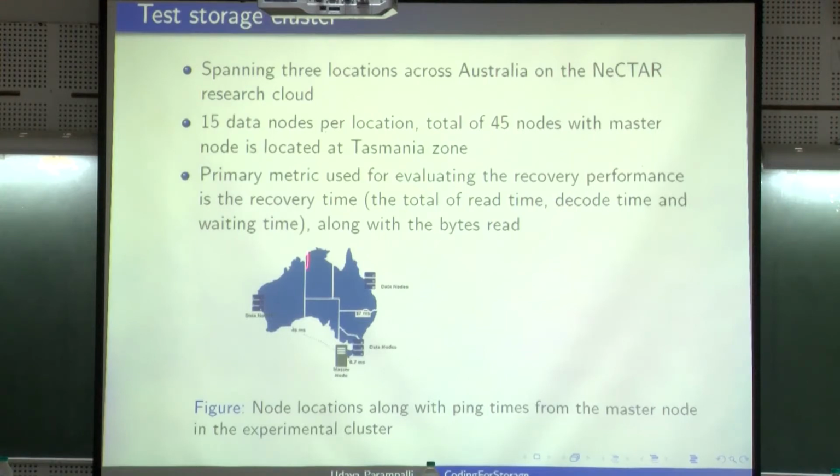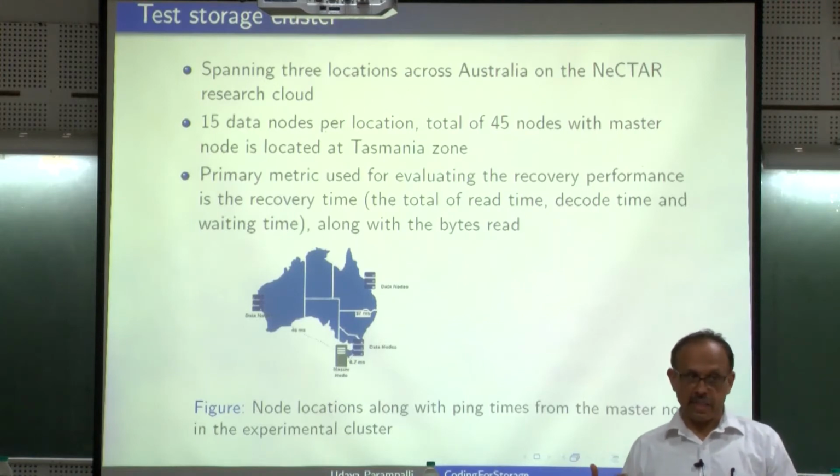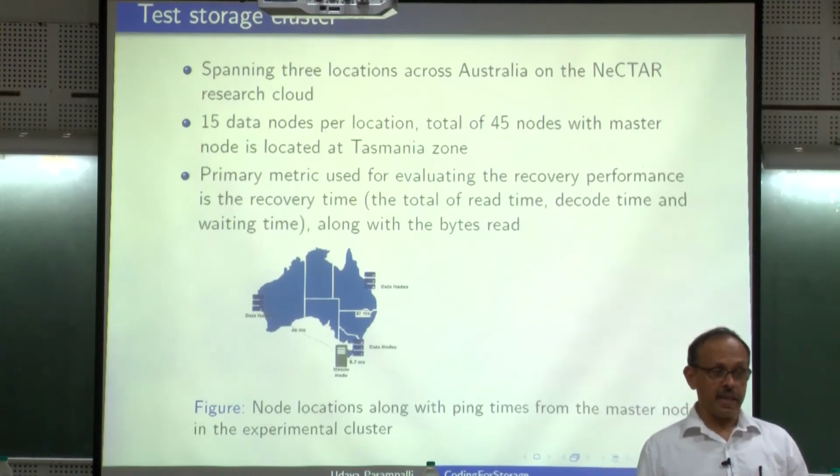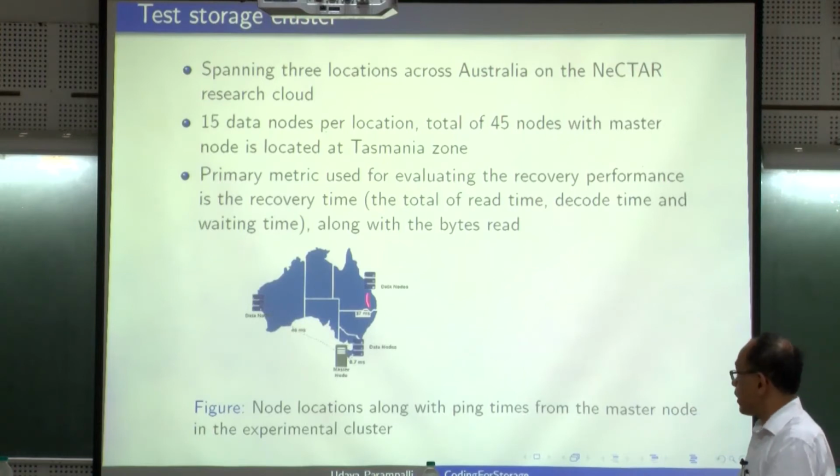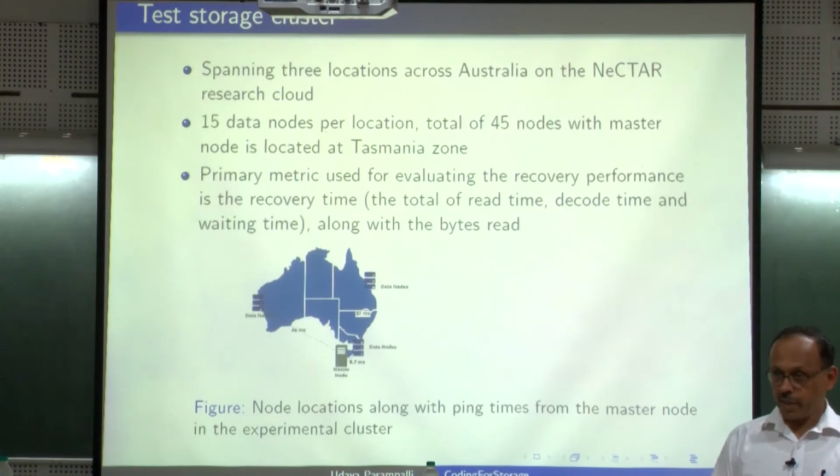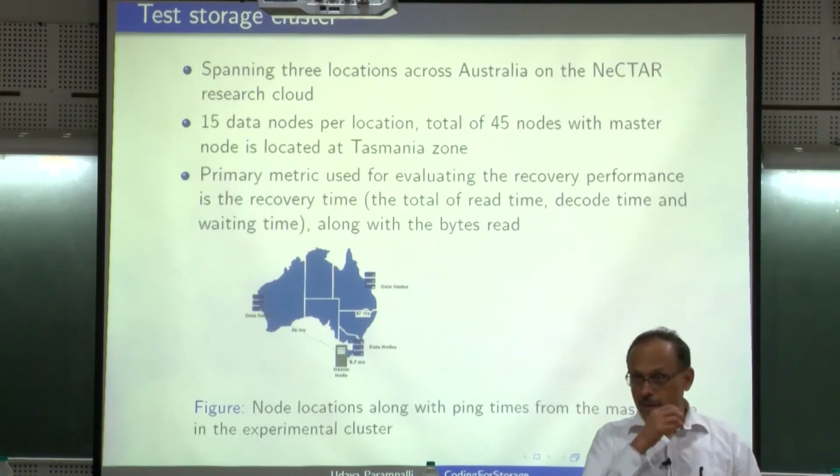Obviously the primary metric used is recovery performance, recovery time: after a node fails, how long it takes to recover. Finding recovery time in these experiments can be pretty messy, just like even finding this distance. Whether ping time is the right metric to use in our case, I'm not very sure.